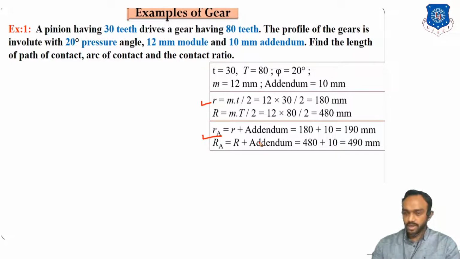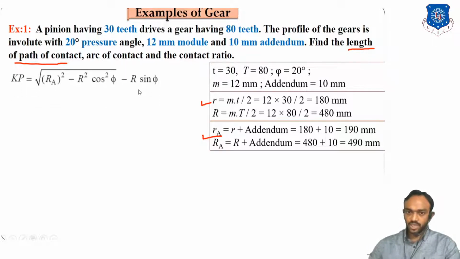Okay, and now we are going to start to find the length of path of contact, Kp plus PL. Kp is the path of approach, PL is the path of recess. So let's start with Kp. It is equal to under root R a square minus R square cos square phi, minus R sin phi.